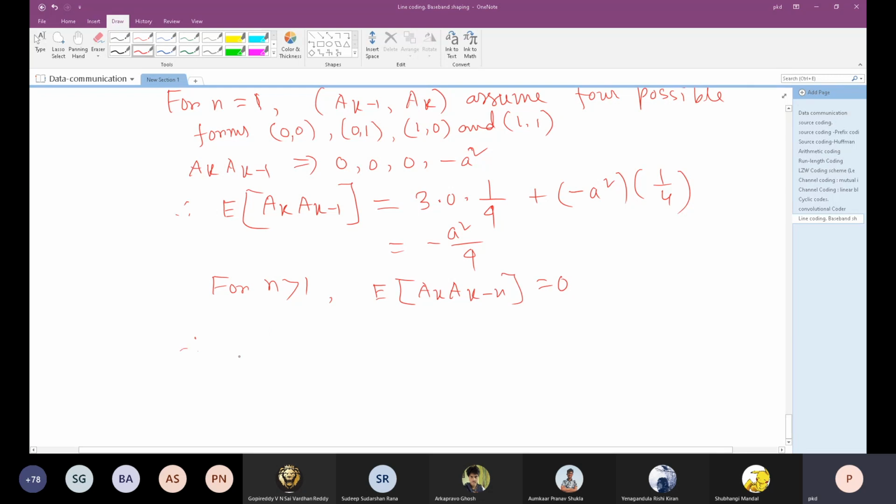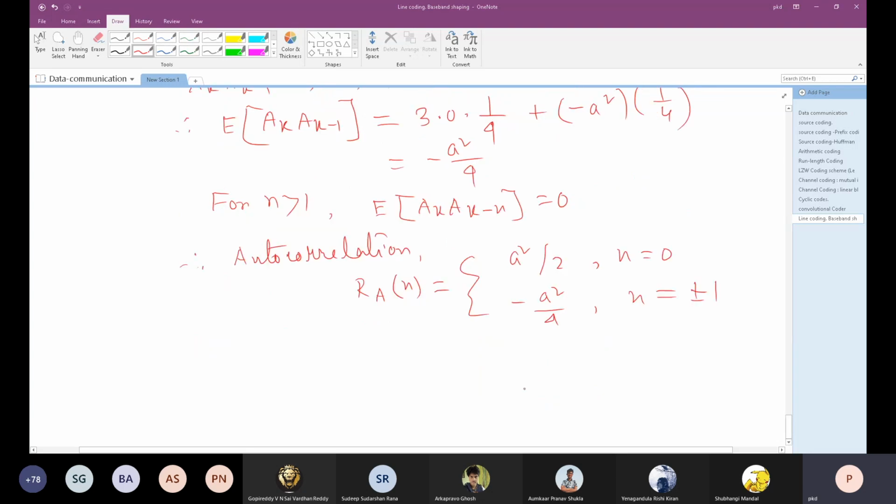So therefore, autocorrelation RAN equal to A square by 2 for n equal to 0, minus A square by 4 for n equal to plus minus 1, 0 otherwise.